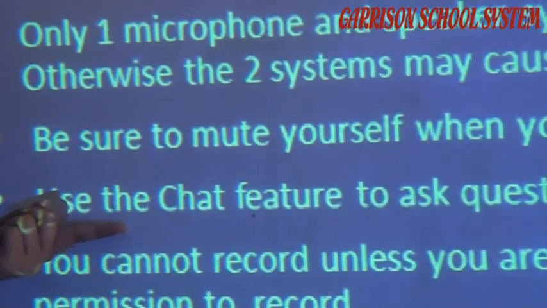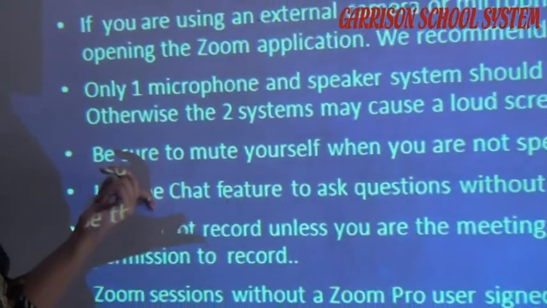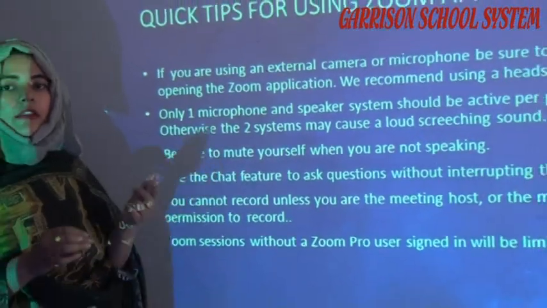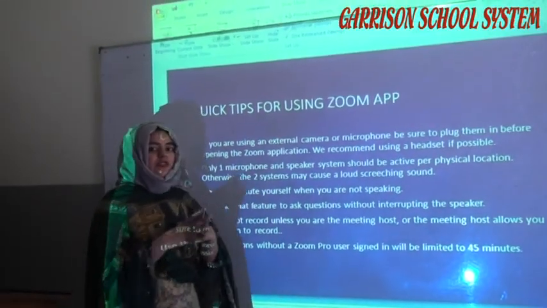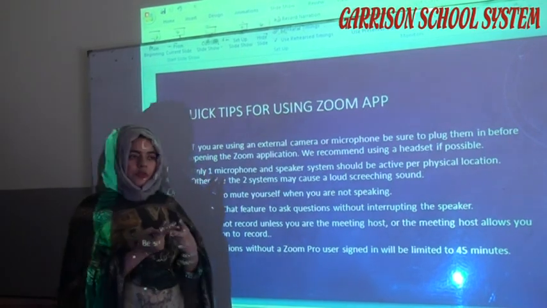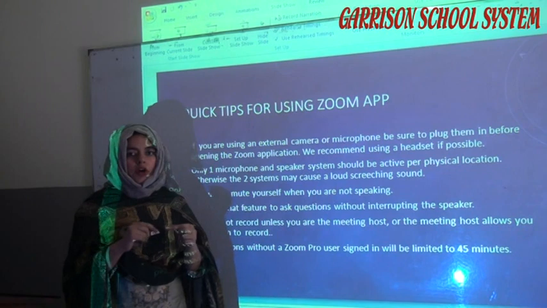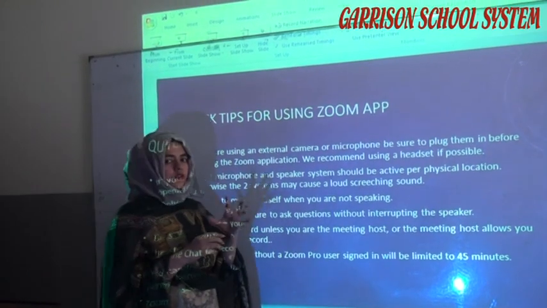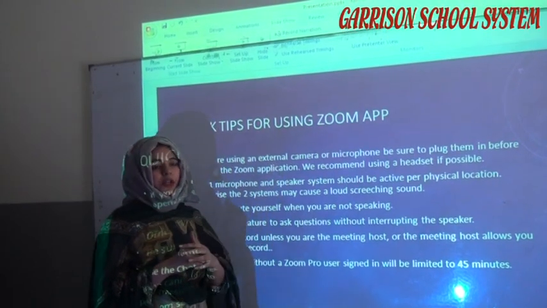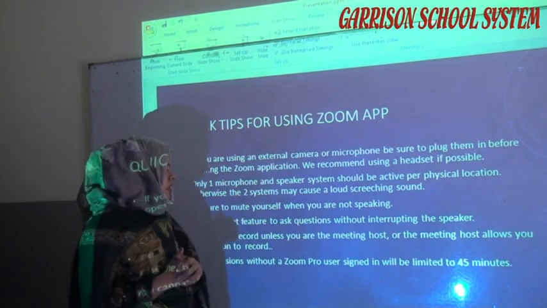So then there is another thing. If you have any kind of problem, use the chat box. There is an option in the Zoom meeting. There is a chat box, and in it you need to do two things. First, you are going to mention your name. You are going to mark your attendance through your chat box, so that we know that this person is listening to the meeting.